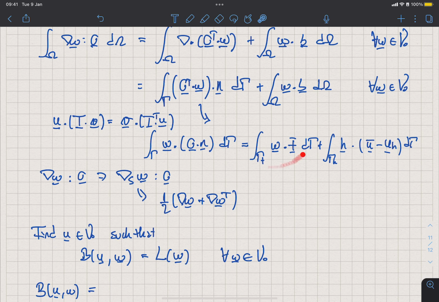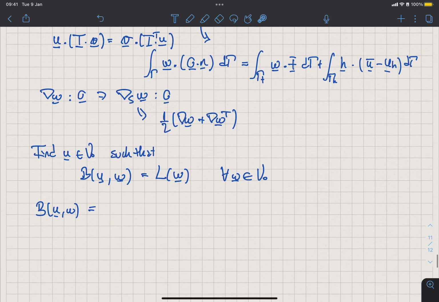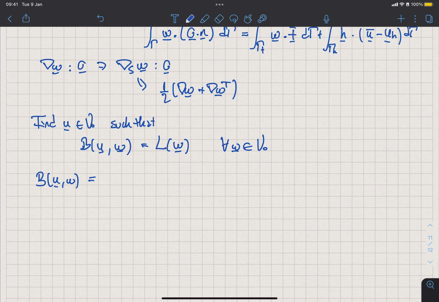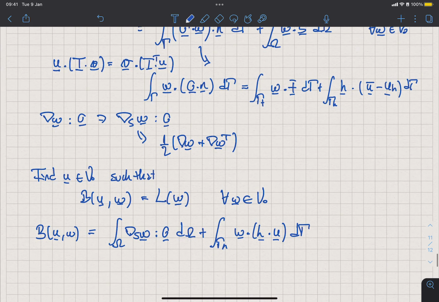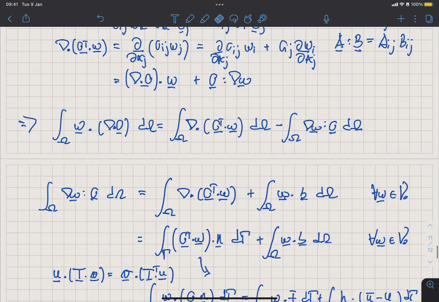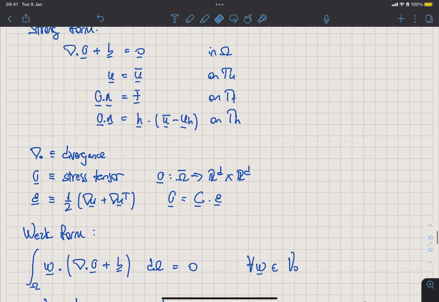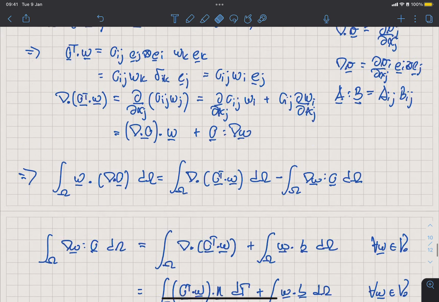This term here, together with the body force term, is part of the linear form because they don't have any dependence on U. Okay, so when we do that, we have that the bilinear form is equal to... I call it here UH, but that's exactly what I meant. It's actually U because it's still the unknown value of the field there. So let's keep the same notation, not to be confusing.